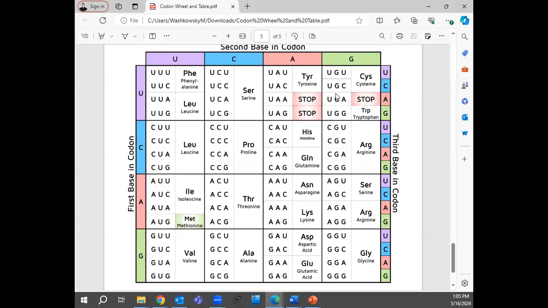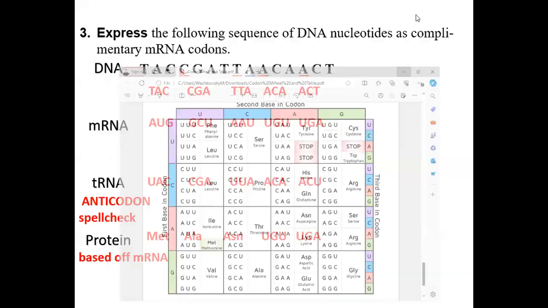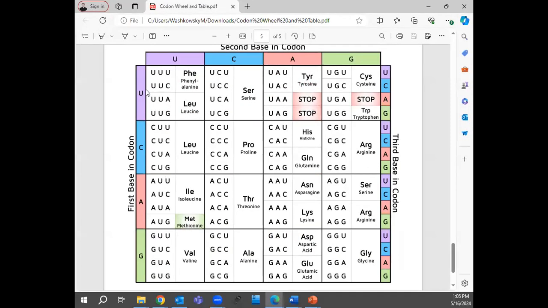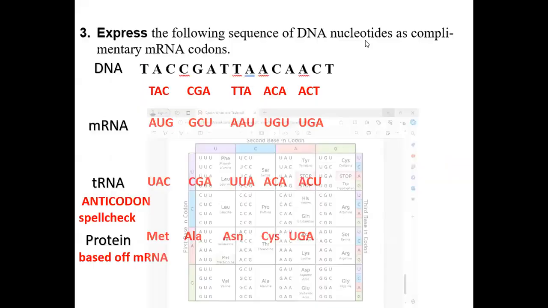UGU, CYS, it's cysteine. And then I go for UGA. So U, G, and A, serine, SER.